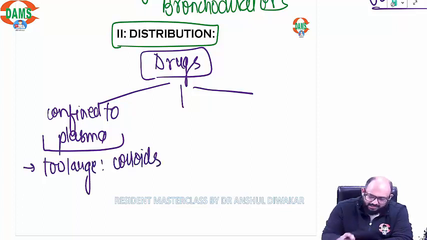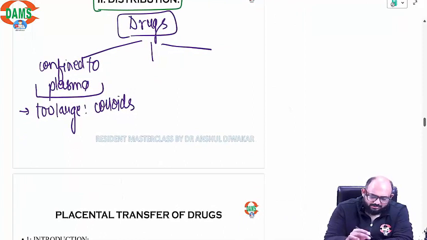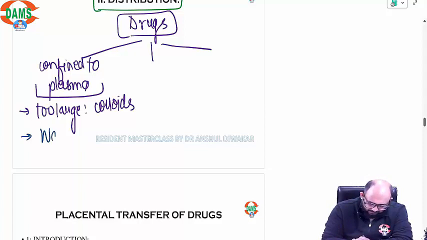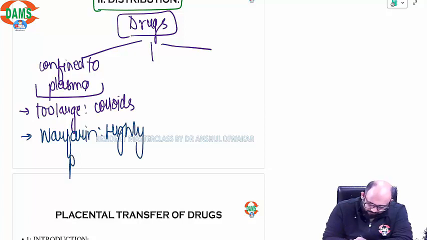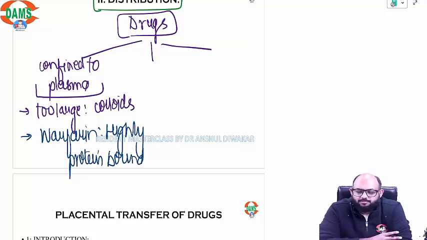They stay in the plasma because they are large molecules, so they don't go anywhere. Warfarin. Why? Highly protein bound.